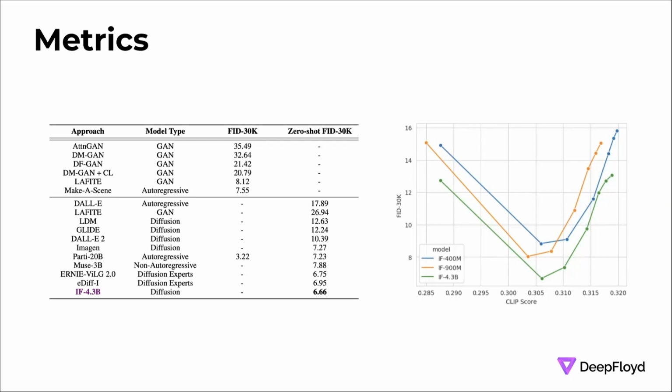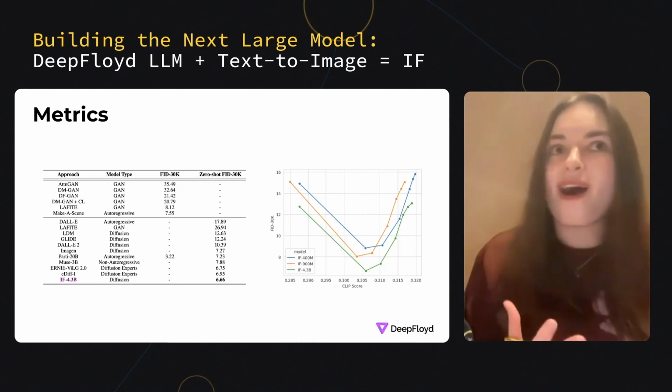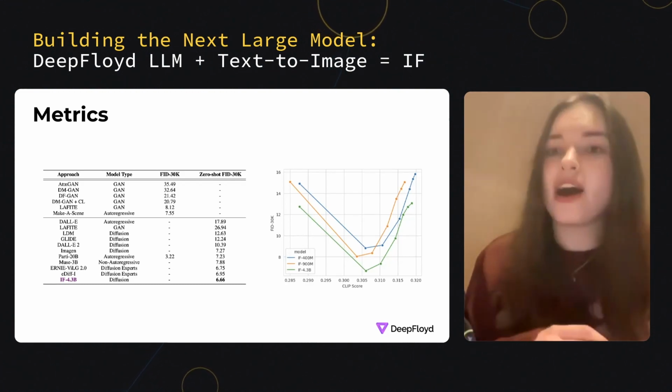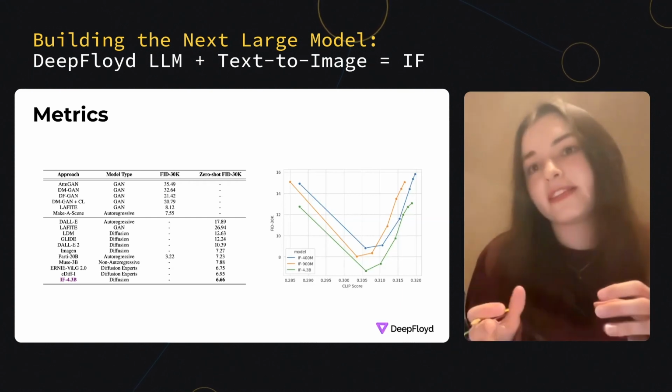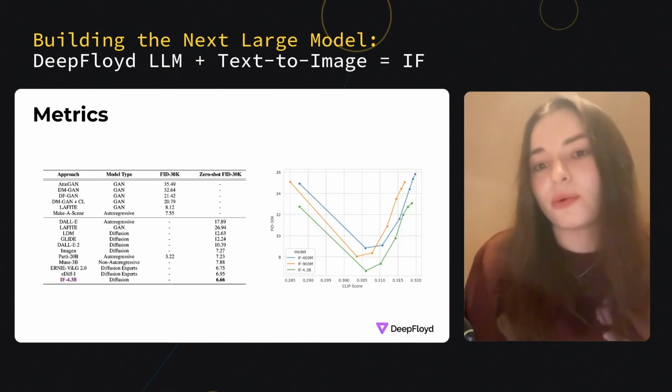And so there are these Pareto curves of these two metrics, which allow us to understand how good our generated images are and how they fit the prompts, the captions. And so we can see that we have really good results.